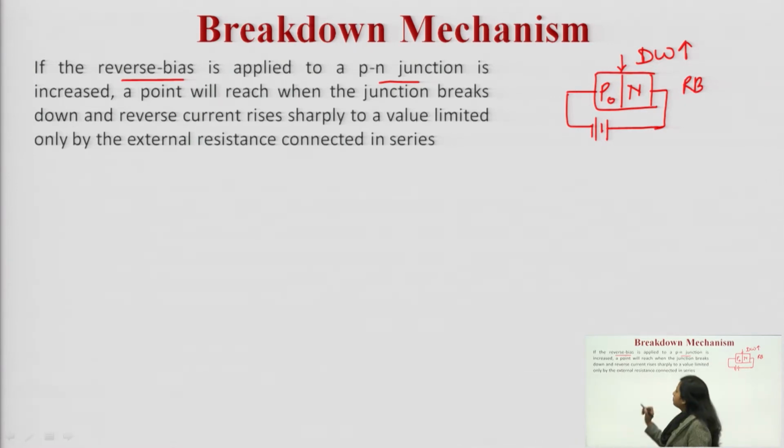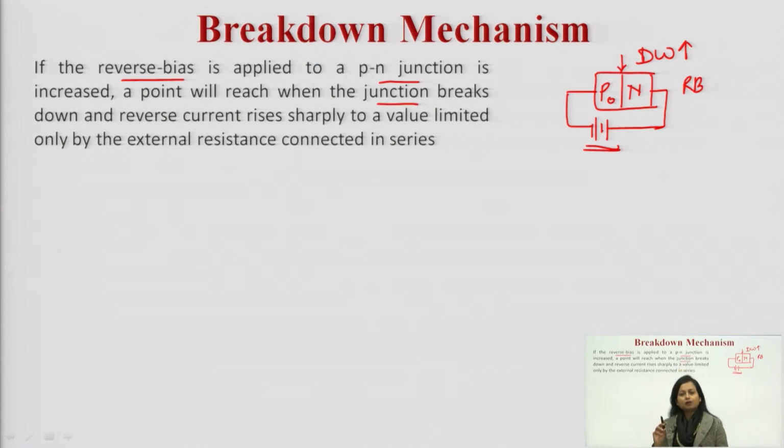So what happens if reverse bias is applied across a PN junction? And if you keep increasing this potential, initially from 1 to 2, then 3, 4, 5, 6, what happens? If you keep increasing this potential, then a point will be reached where the junction breaks down.